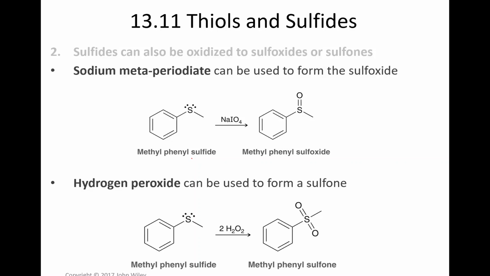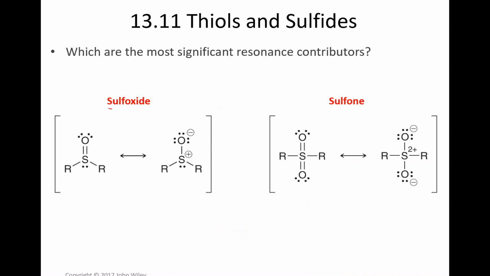So if you're taking a sulfide and oxidizing it to a sulfoxide, one would use sodium metaperiodate. And if you want to oxidize the sulfide all the way to a sulfone, you can use multiple equivalents of hydrogen peroxide, which would oxidize the sulfur past the sulfoxide all the way up to the sulfone.